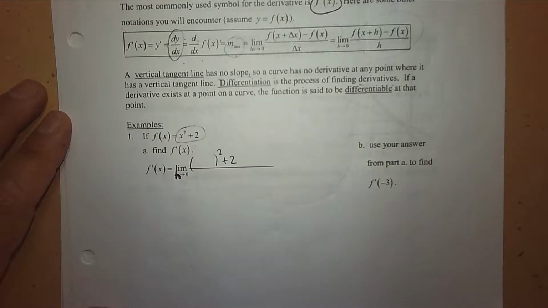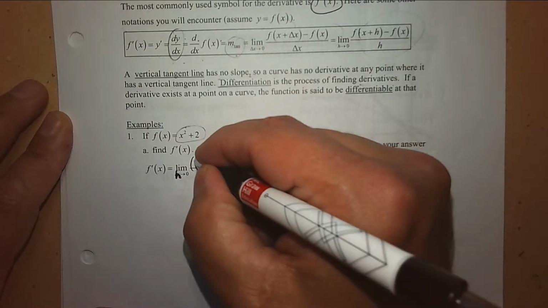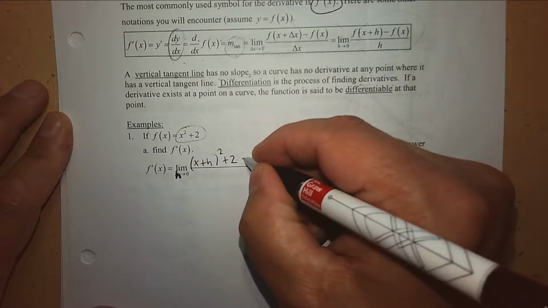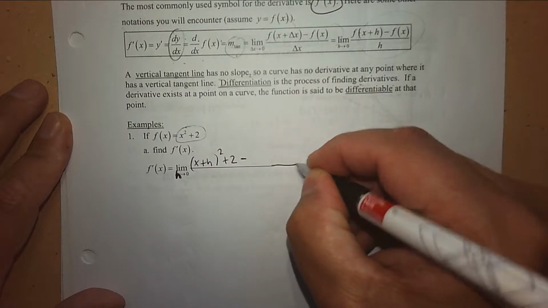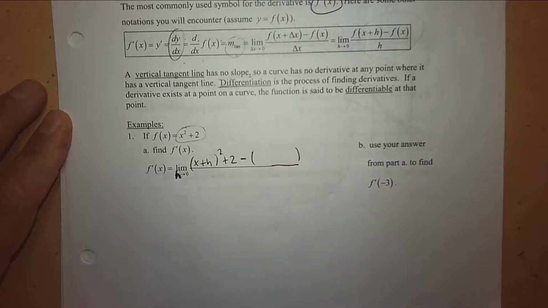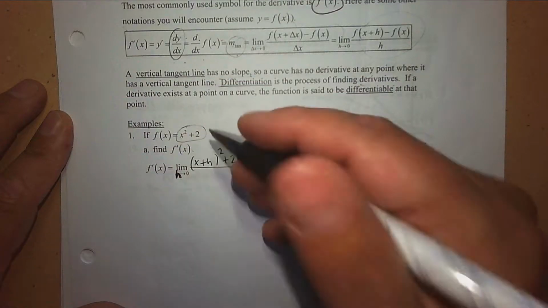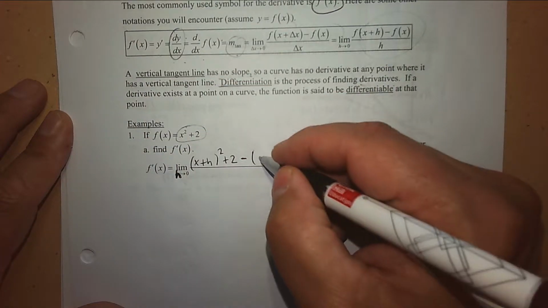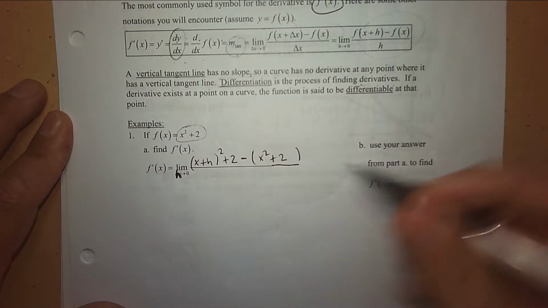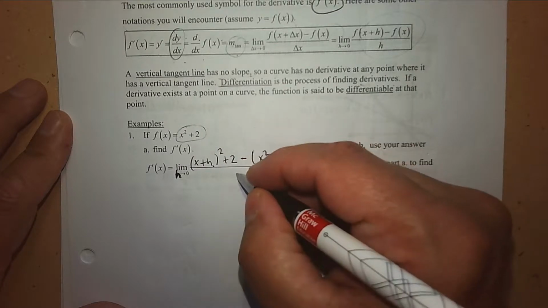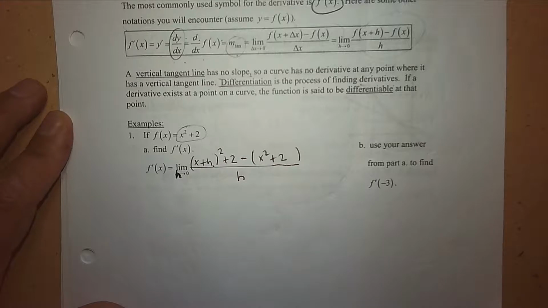Do you know what it is? X plus h. Good. Then we're going to subtract. And I'm going to use parentheses again. And what am I subtracting? Just no h's, right? Just the function without an h, which is x squared plus 2. The change in y is on top. The denominator is just h. Now we have to simplify.